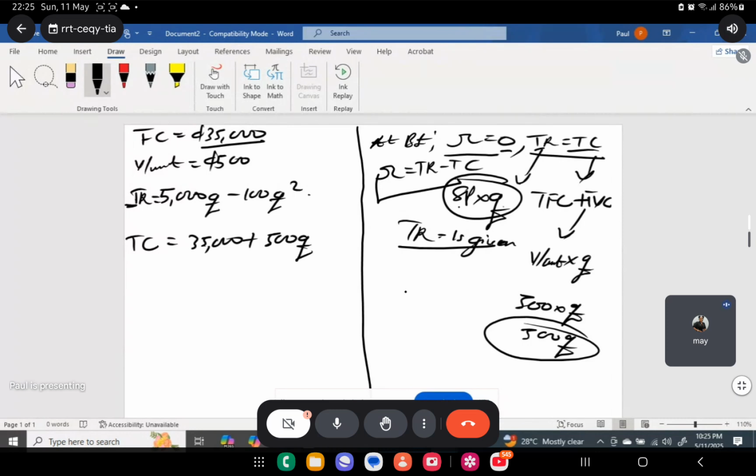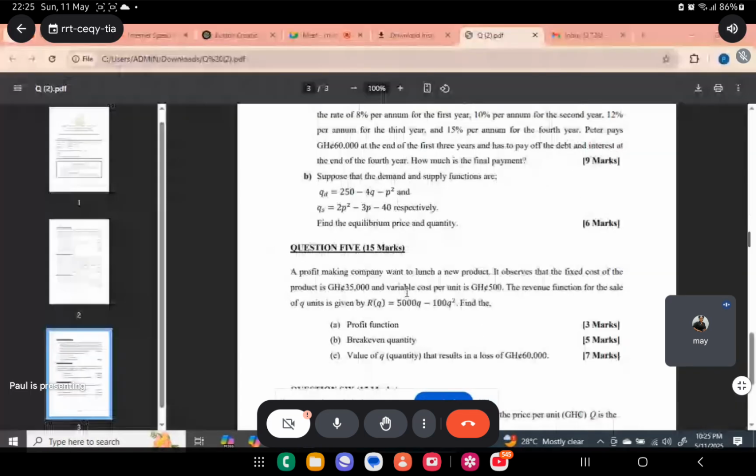But our total cost function is not given. And we know total cost is equal to your total fixed cost plus your total variable cost. So this is our total fixed cost, that's the 35,000. It says that the fixed cost for the period was 35,000. That's it here.